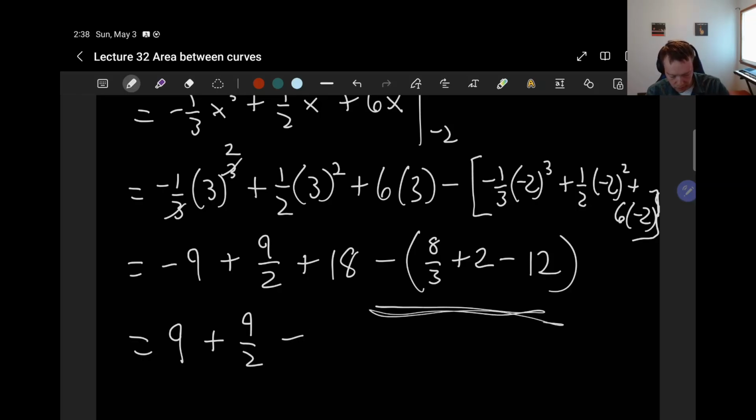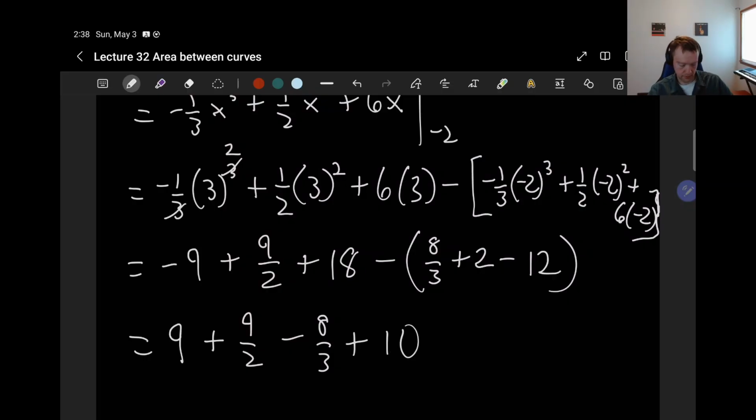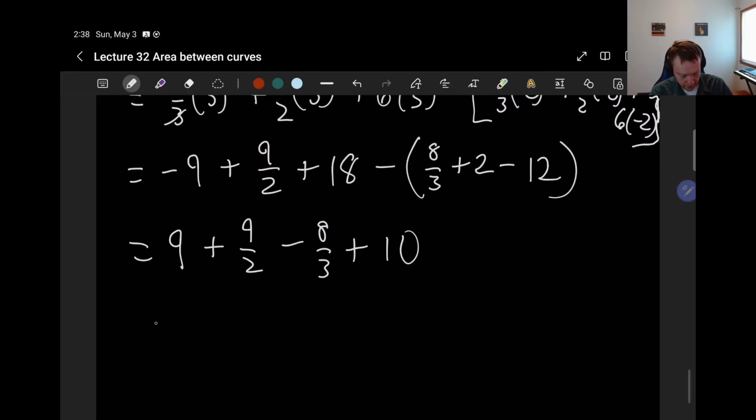And now we deal with this part, the parentheses. Negative 8 thirds. So inside here, this is negative 10. And then I'm taking the negative of that. Let's add those whole numbers together to get 19.